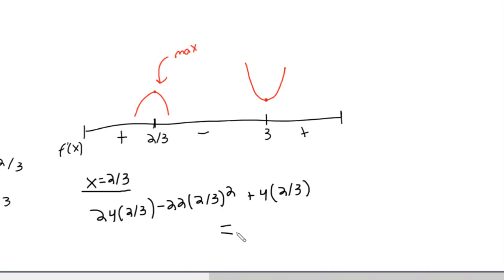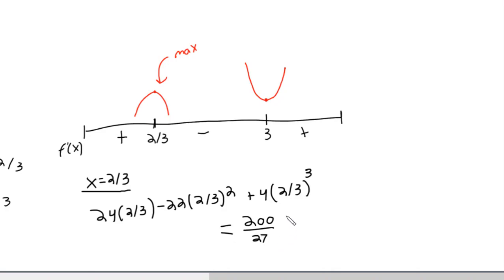I'm just going to do this really quickly on my calculator. And then you should get 200 over 27.